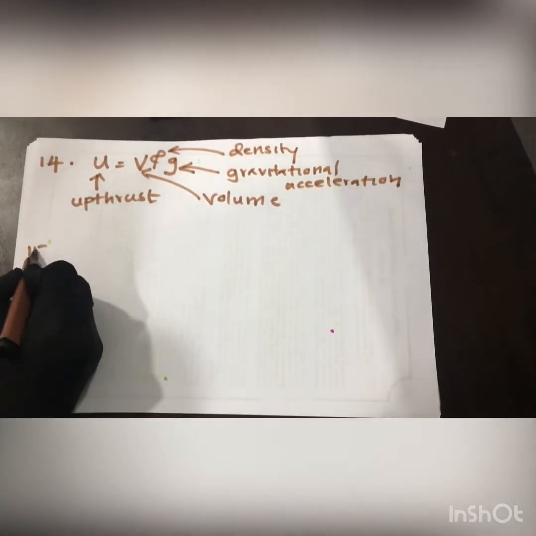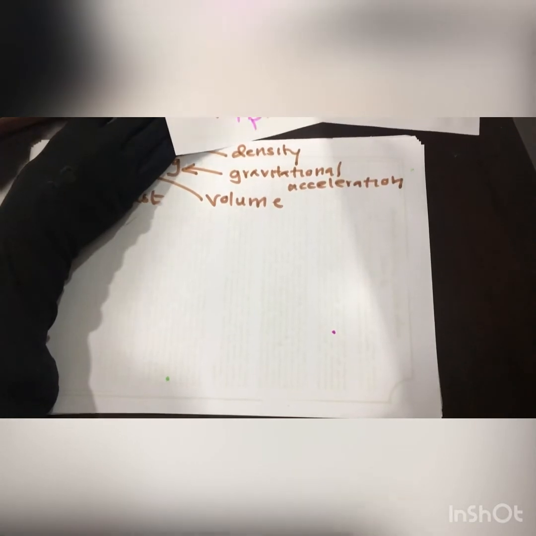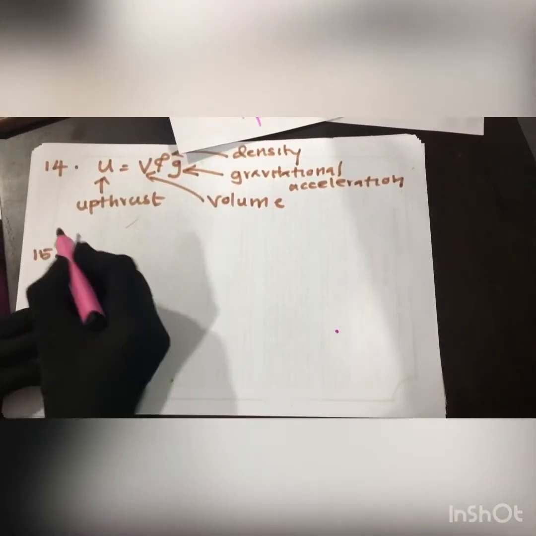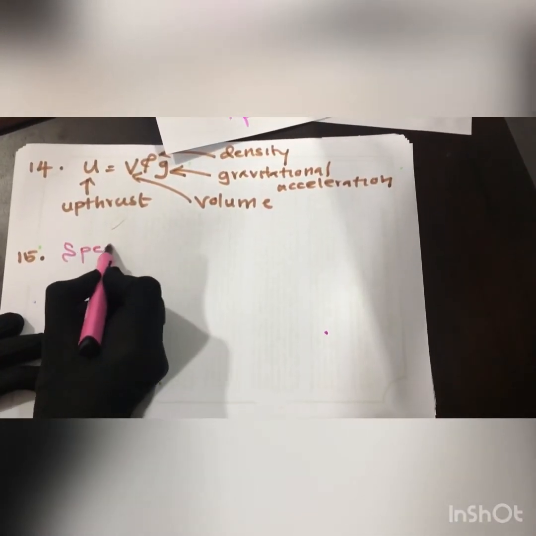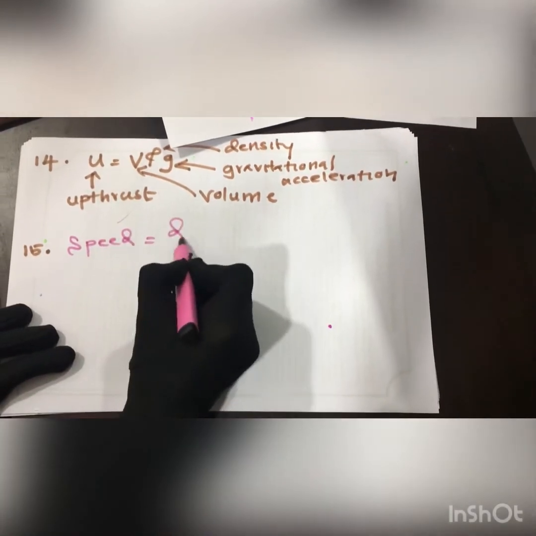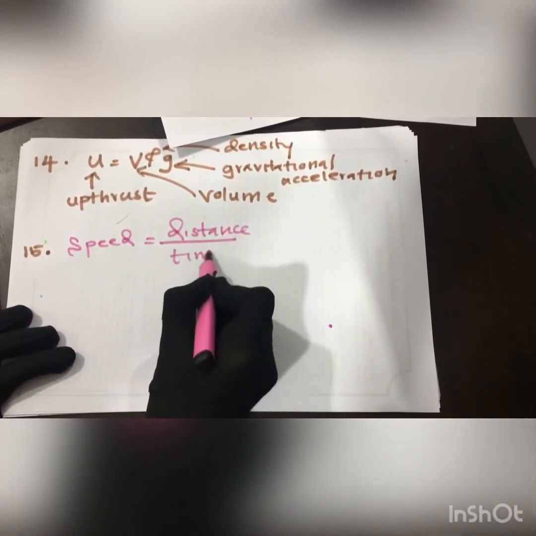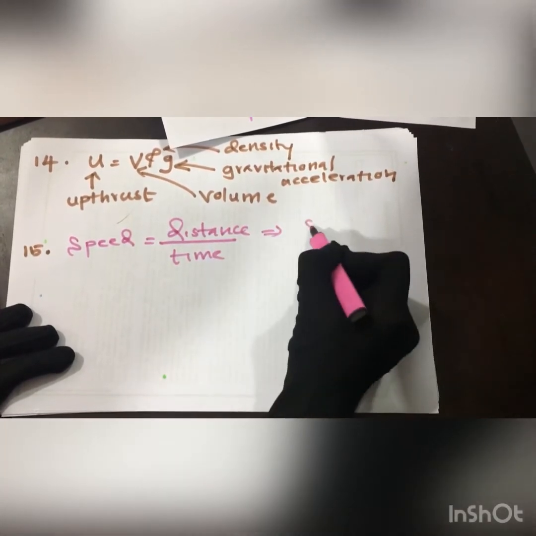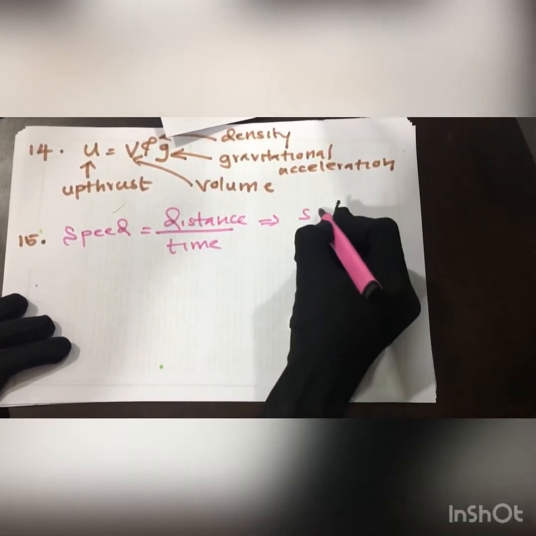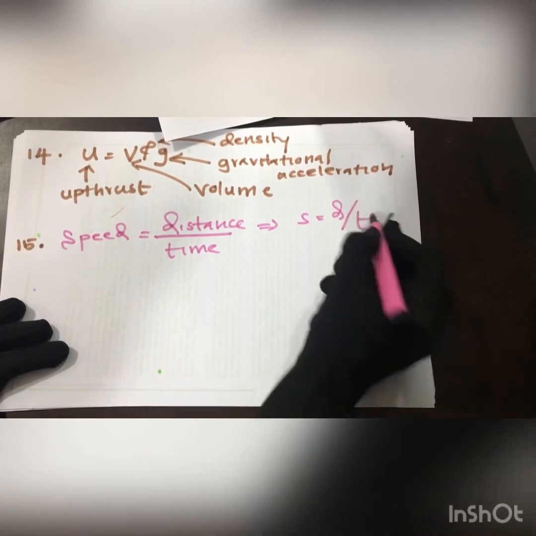Then the 15th equation is speed equals distance over time. We can also say S equals D over T.